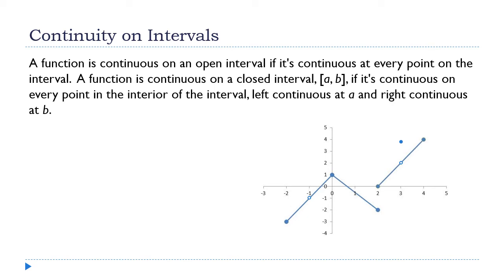Remember, just like always with functions, when I want to describe where a function has a certain behavior or a certain property, I'm going to do that in terms of x values. All right, so you see, I've got this definition here. Let's go over this real quick. A function is continuous on an open interval. Remember, an open interval is one that doesn't include its endpoints. If it's continuous at every point on the interval.